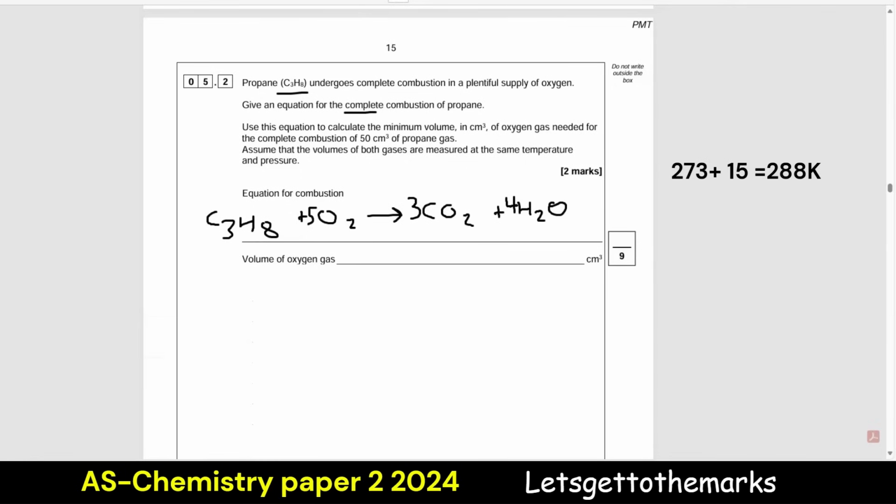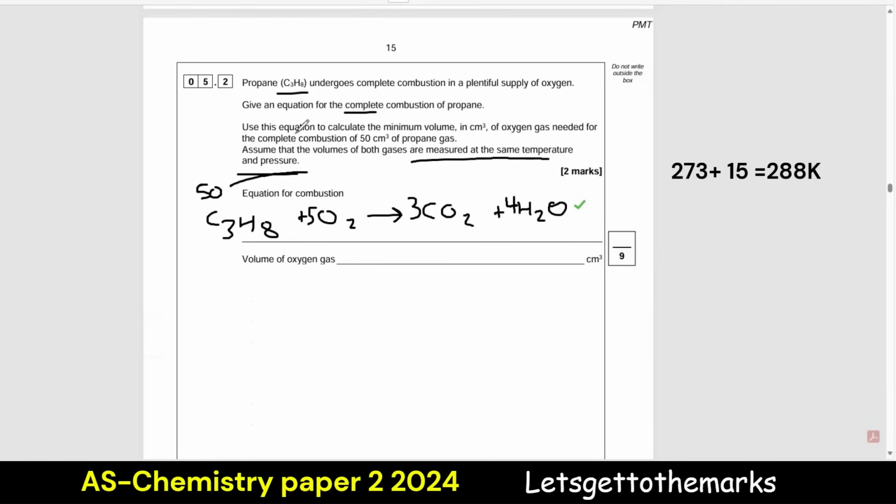Now, because it says both gases are measured at the same temperature and pressure, RTP normally, it doesn't matter if it's not at RTP. If you're at the same temperature and pressure, then the volume of a gas is directly proportional to the moles of the gas. So the fact that I have 50 centimetres cubed of propane, what does it actually ask me for?